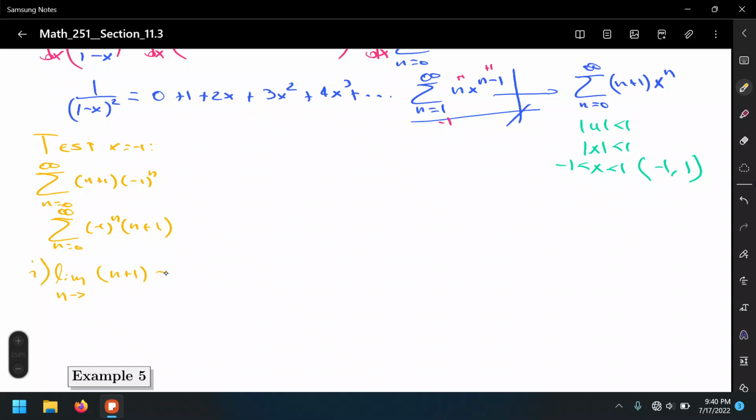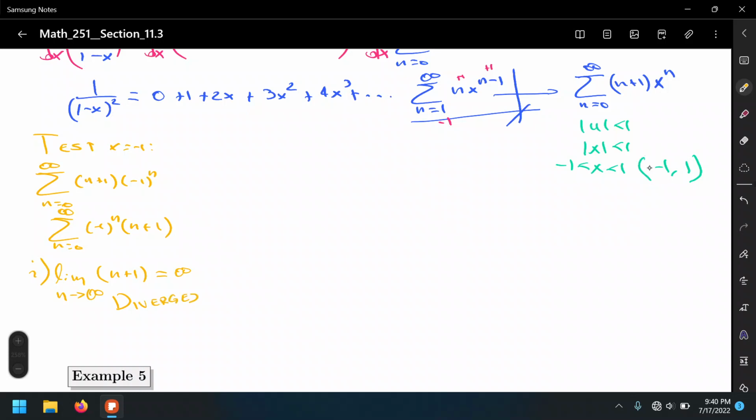That's the first condition, and the limit better be 0, so we can do the second condition, which is non-increasing. But in this case, the limit at infinity is infinity plus 1, that's still infinity, so it diverges. So it diverges at the lower endpoint.